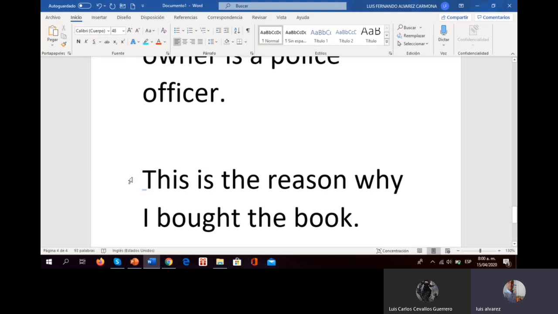Let's imagine we're talking about, for example, English, and I want to improve my reading skills or my grammar skills. You bought a book because you consider it was important. So you say, this is the reason why I bought the book.